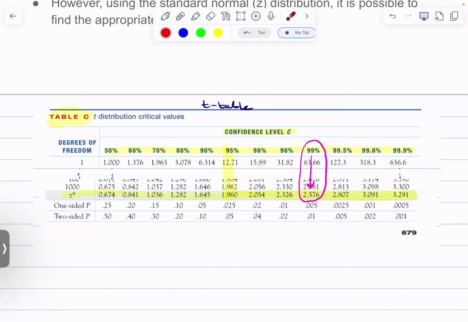So it's all there, just in a different format. Okay? So it makes sense that as your Z moves out further into the tail, the area in the tail is getting smaller and smaller and smaller. That's good to keep track of. But for today, we're just using this table to find our Z stars.